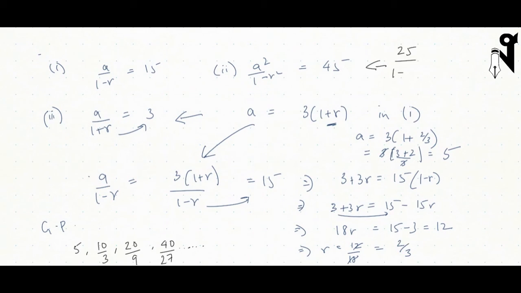So this is 25 by 1 minus 4 by 9, which is 25 by 5 by 9. So this 25 by 5 becomes 5, and I'm left with 5 into 9, which is 45. So that is what is given here. This satisfies. So this is basically the GP that we were looking for.